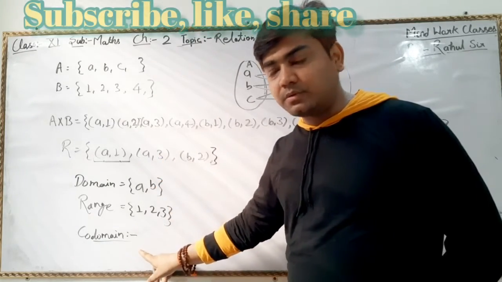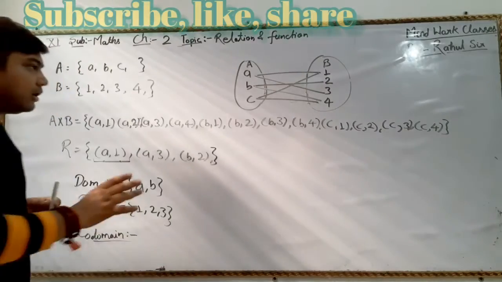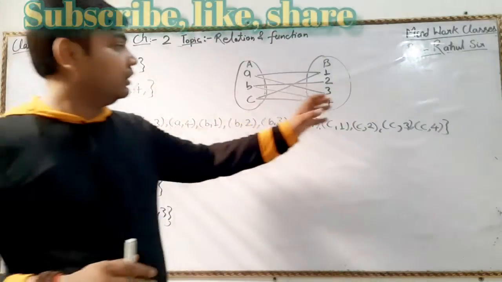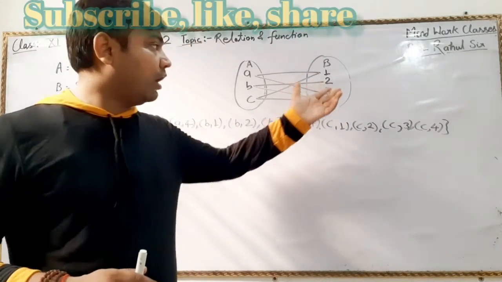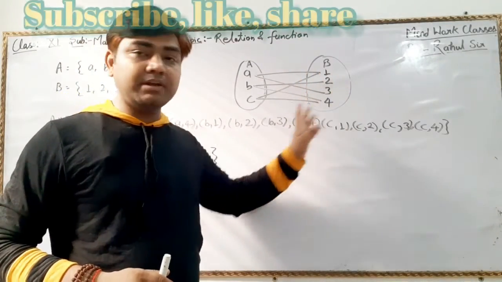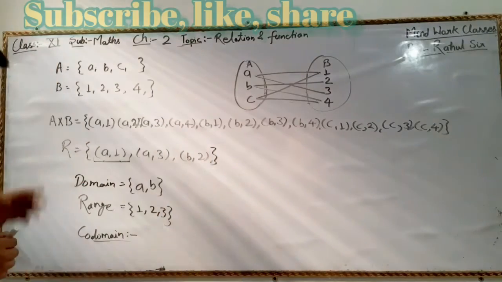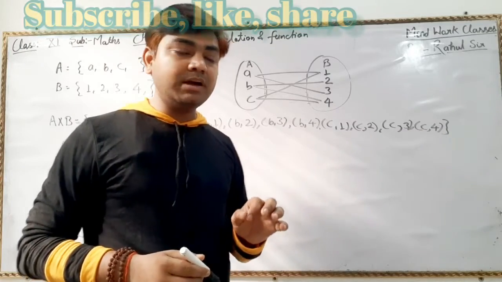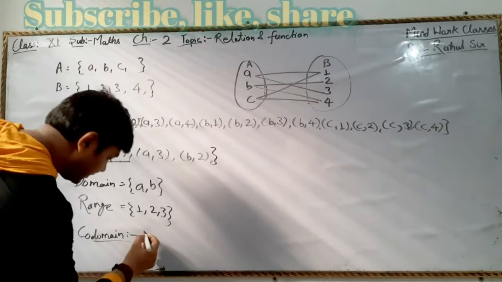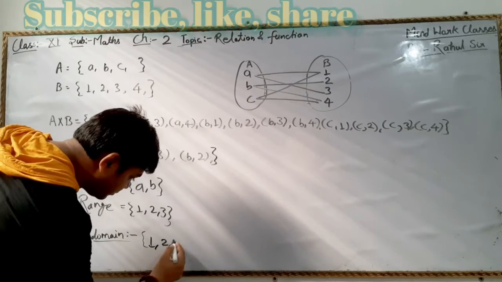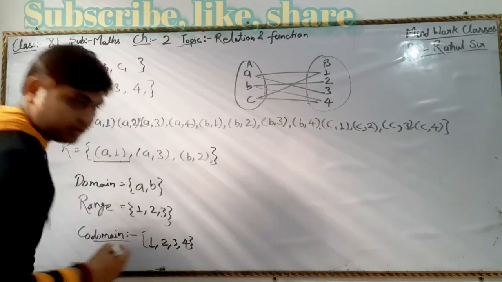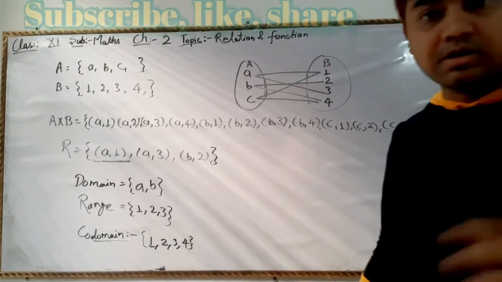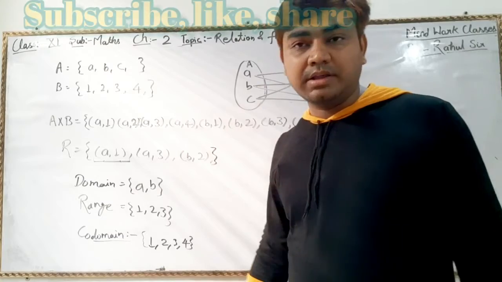But the codomain will be equal to all the elements of set B. So in set B, how many elements do we have? 1, 2, 3 and 4. Four elements. So all these four elements will be the codomain: 1, 2, 3 and 4. Okay, so these are the basic concepts of relation.